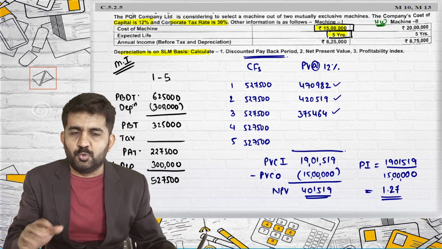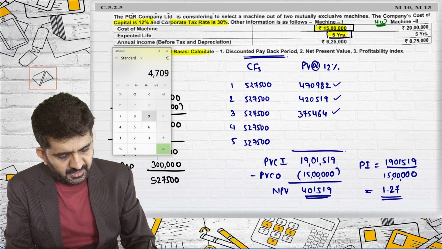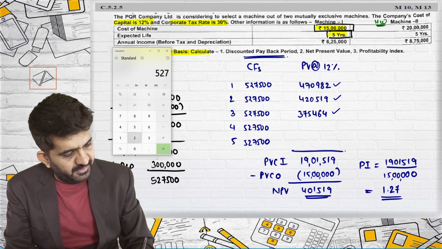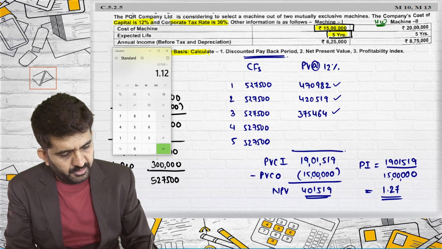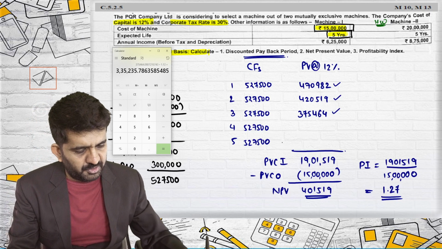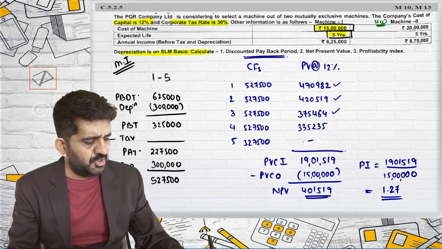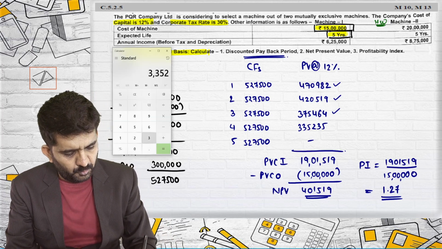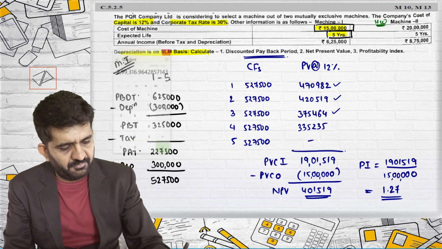You don't have to repeat each and everything. 527,500 divided by 1.12 is equal to 335,235. And probably this figure will not be required, but still I can find it out. 335,235 divided by 1.12 is 299,316.